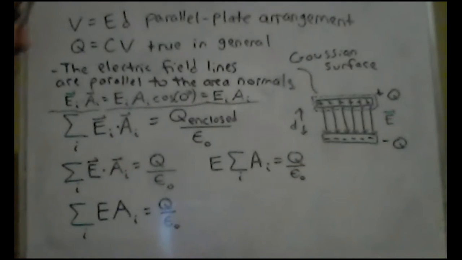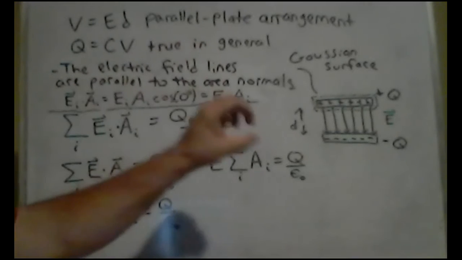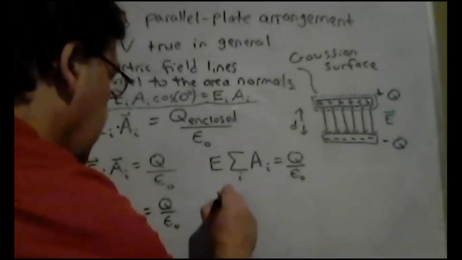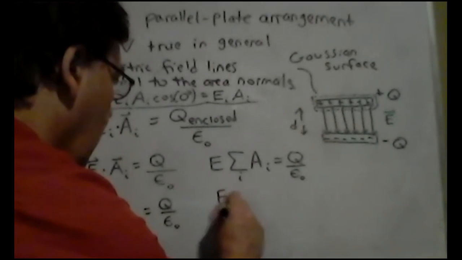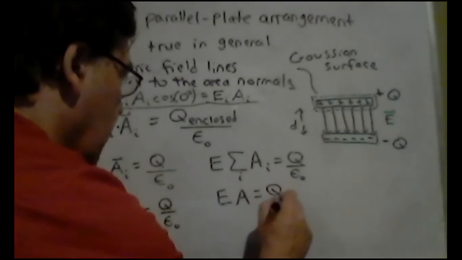And what's the summation? I have all these little area patches that make up this plate. If I add them all up, I get the total area of the plate. So this simply becomes nothing more than EA equals Q over epsilon naught.